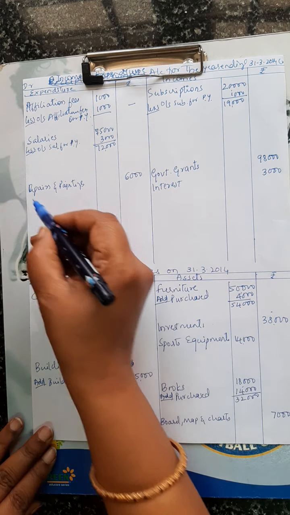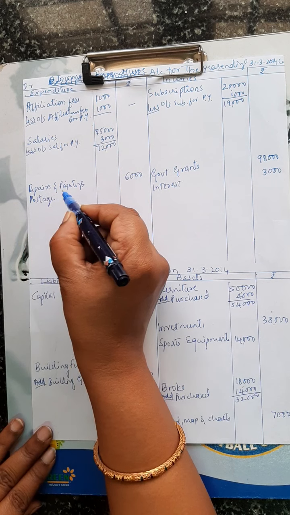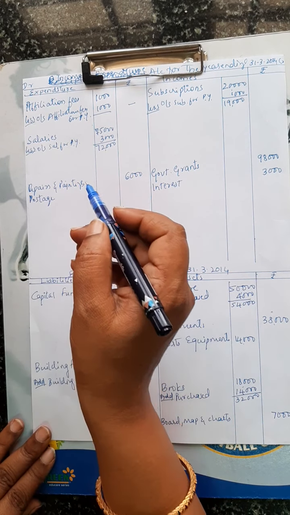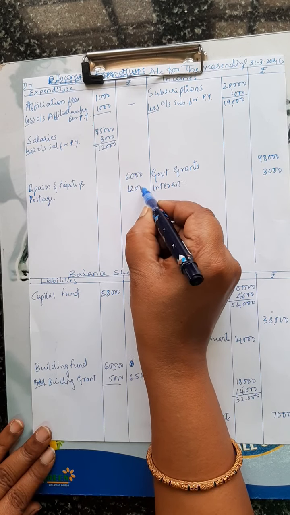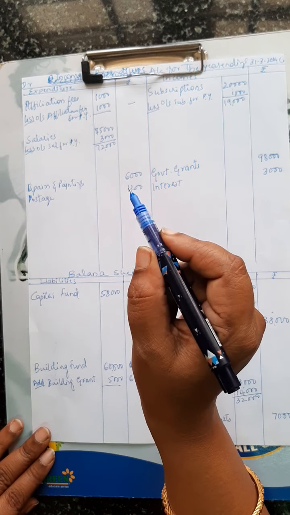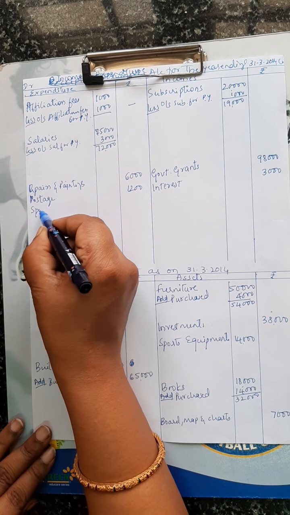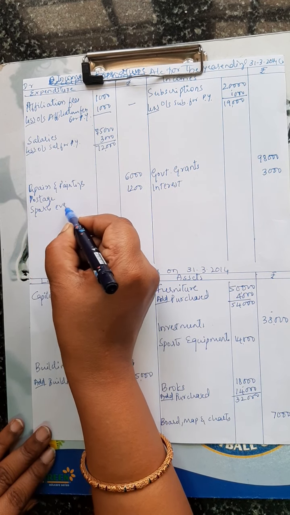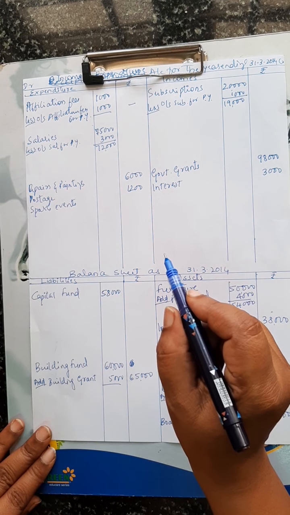Then we have postage, revenue expenses. Postage is 1,200. Right, outer column. Then we have expenses on sports events. How much? 5,000.